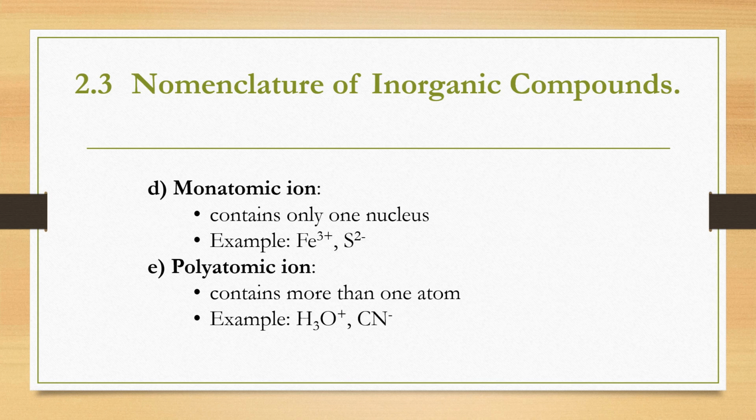Polyatomic ion: the word poly means more than one. A polyatomic ion contains more than one atom. An example is CN-, which contains a carbon atom and a nitrogen atom.